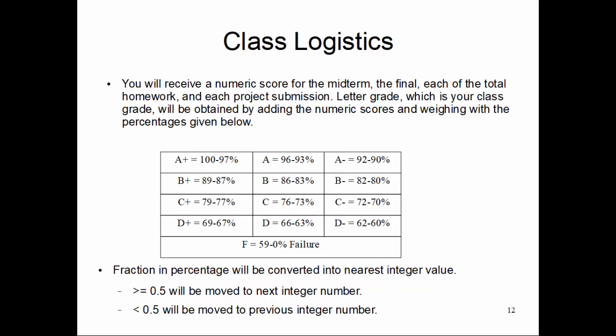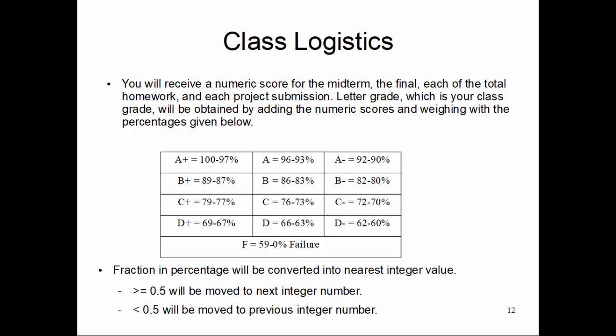About the grading, this is a letter grade course, and this is the grade scheme, which is basically the university grading scheme, giving A+, A minus, etc. One thing to explain: fractional percentages will be converted to the nearest integer value. That means if you have a fraction of 0.5 or above, it will go to the next integer, and if it is below 0.5, it will go to the earlier integer.